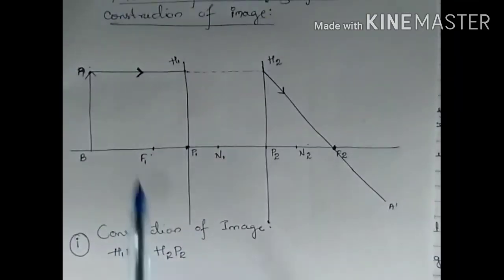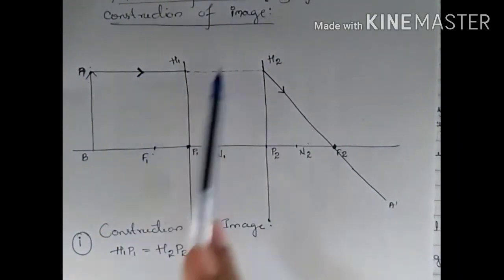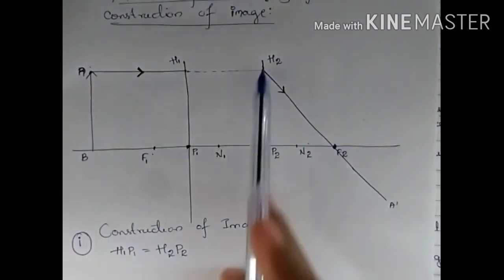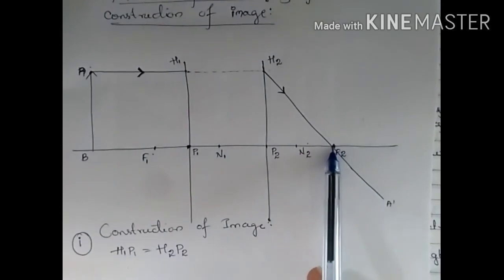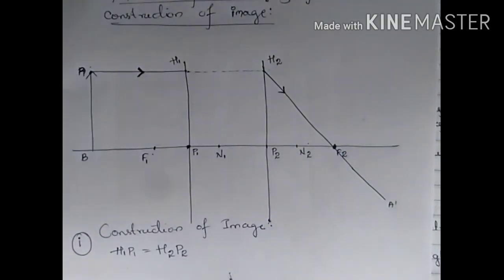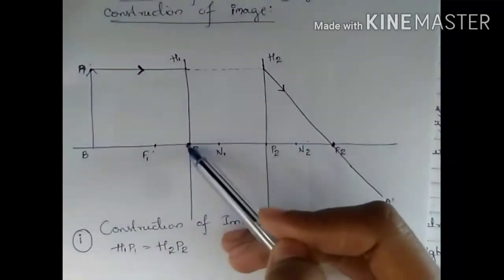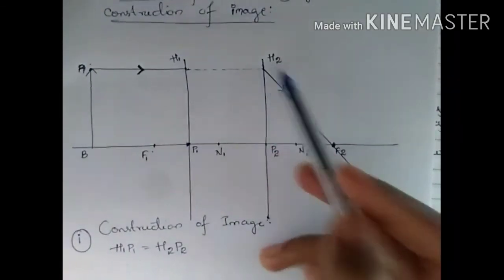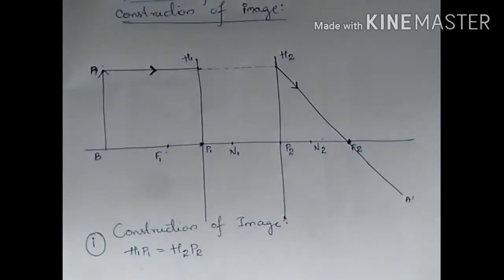There is a statement which says whenever a ray of light is parallel to the principal axis, then that ray emerges out from the second principal plane passing through the point F2. You have to write that statement, and after that statement from the diagram it is clear that H1 P1 is equal to H2 P2. So this is the first point in constructing the image. So now let us understand the second point.